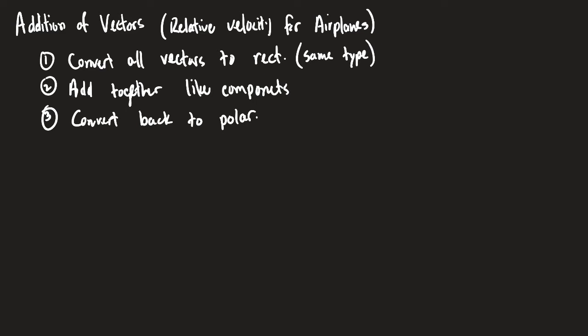Now, I said there was 4 steps, and I only listed 3, and at the end of this, we really have our answer, but there is a step 0 that you have to employ and think about before you do any of the other steps. And that is, you need to have a consistent frame of reference.